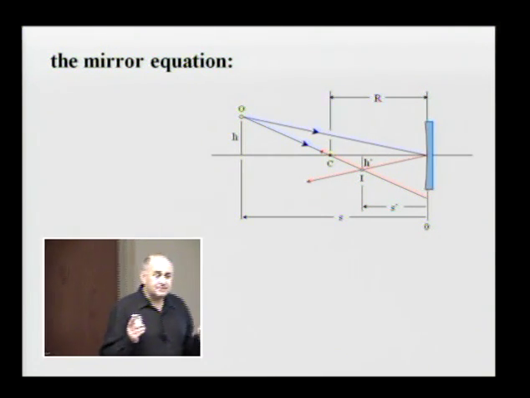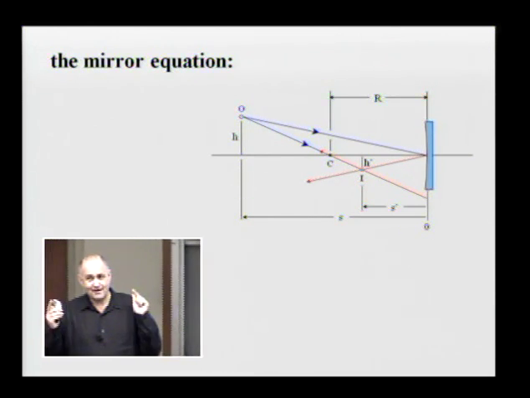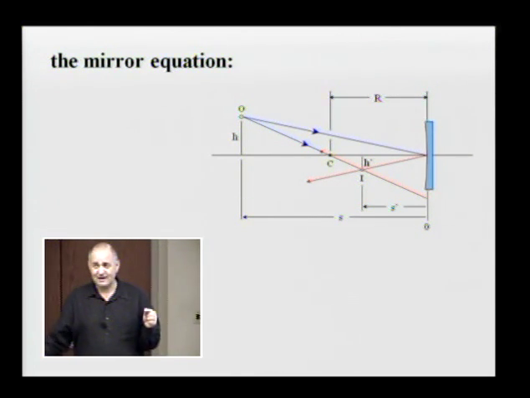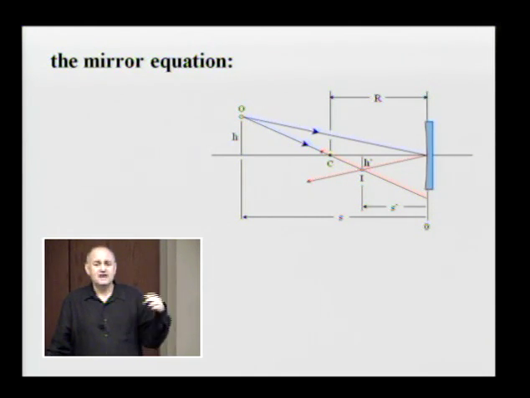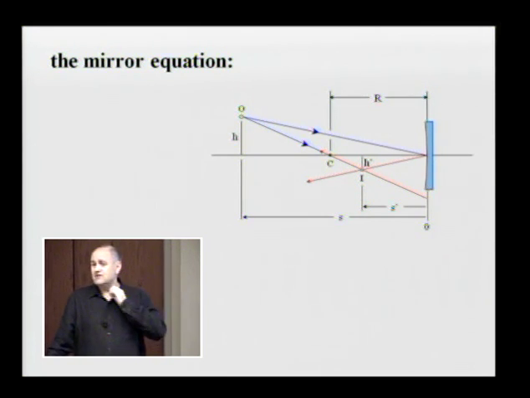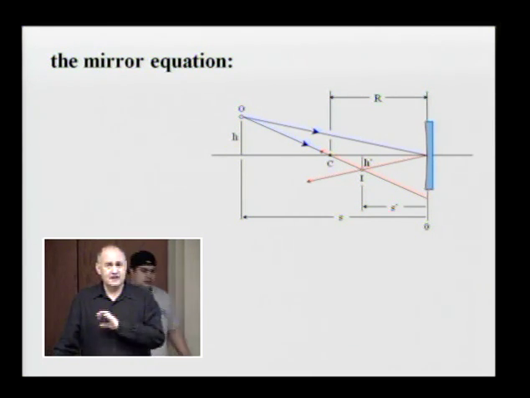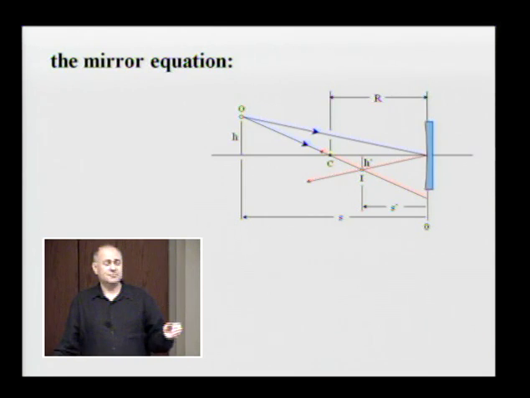Now, actually this diagram is probably the most important thing which you have to learn about mirrors, and a similar diagram for lenses. If you comprehend this diagram, you can always solve any problem concerning optical elements.